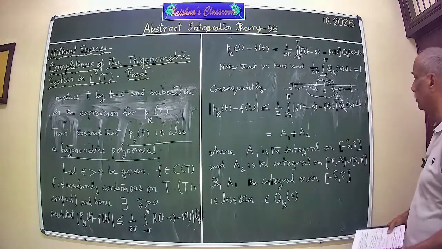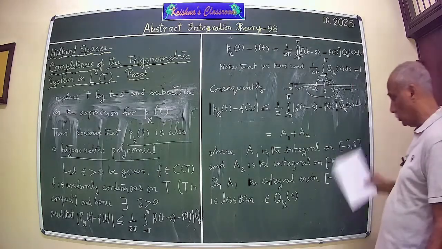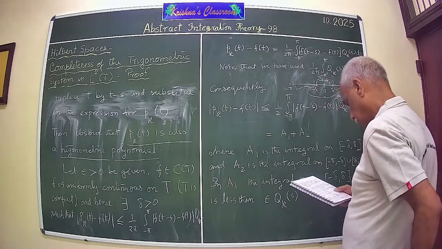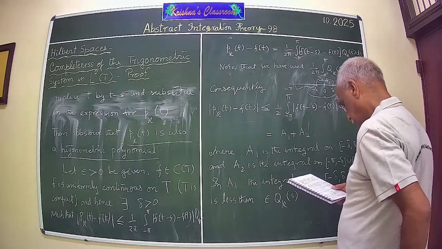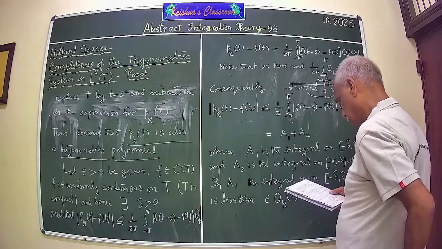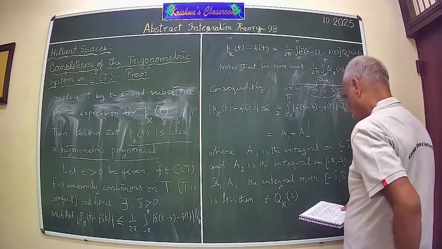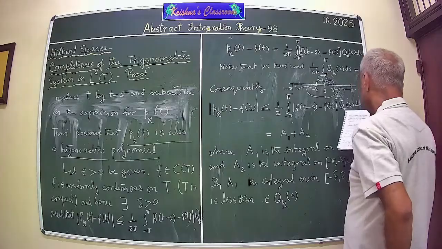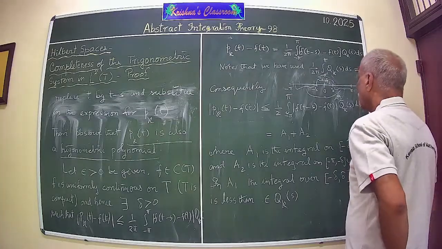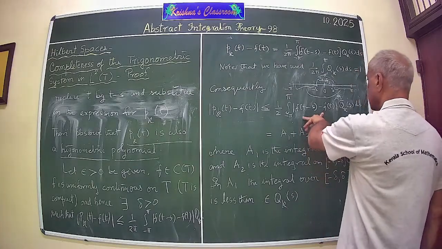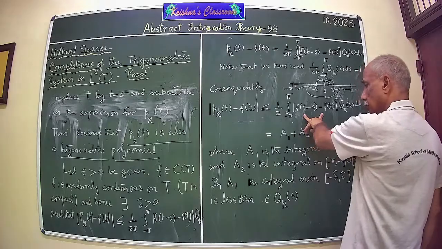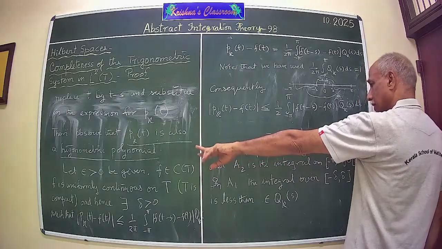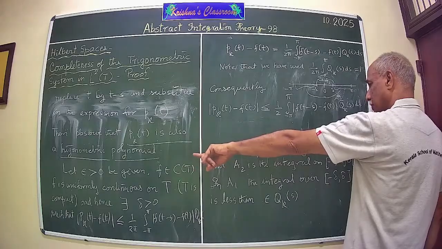So you have qks, a1 is less than qk. This is non-negative, that is there, and this part is less than epsilon, because that's the inference that you have f is uniformly continuous.